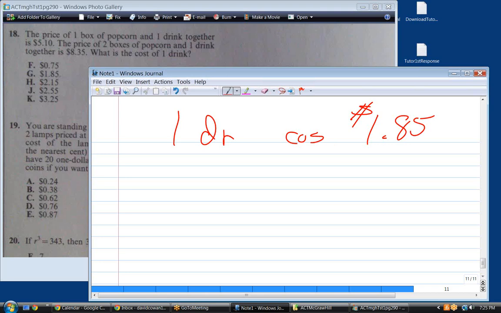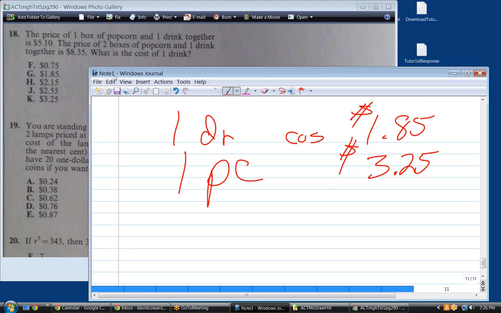Well, what would a box of popcorn cost? 510 minus 185? Why can I not do addition all of a sudden? Yeah, that's a 510. So if the cost of one drink is $1.85, then the cost of one popcorn is $3.25.